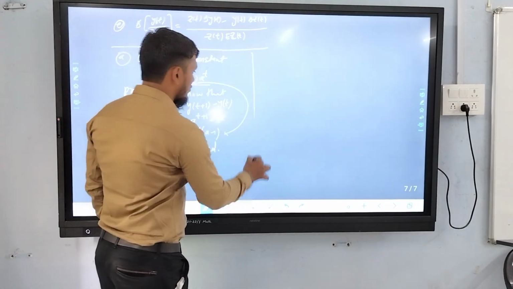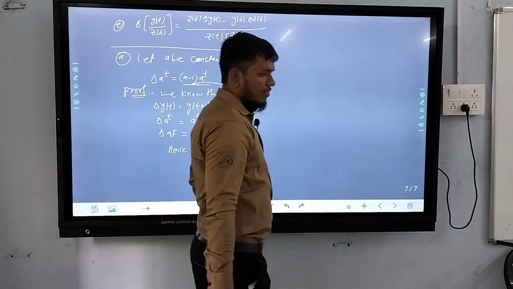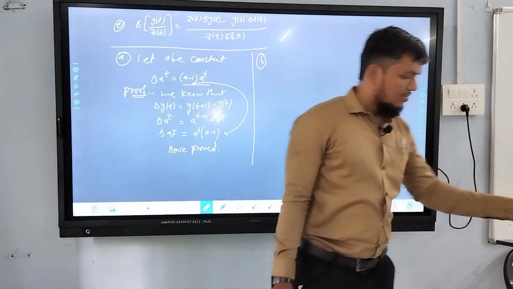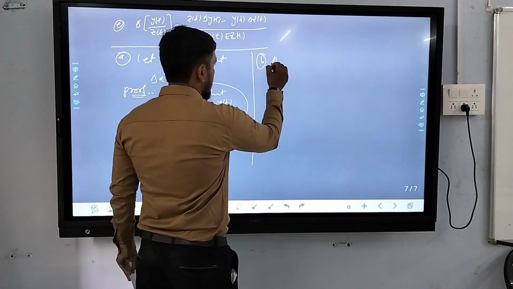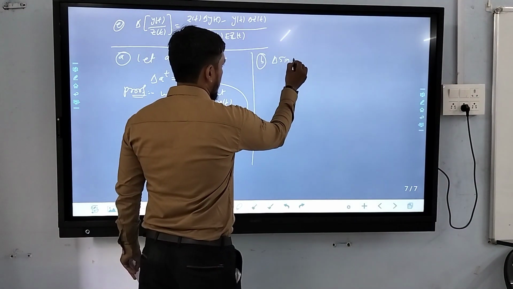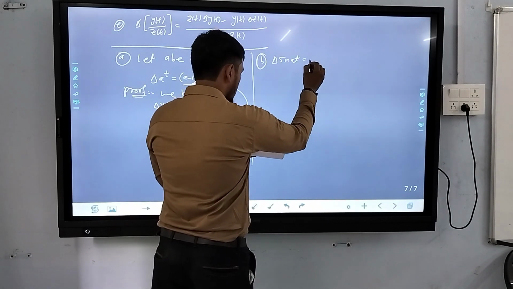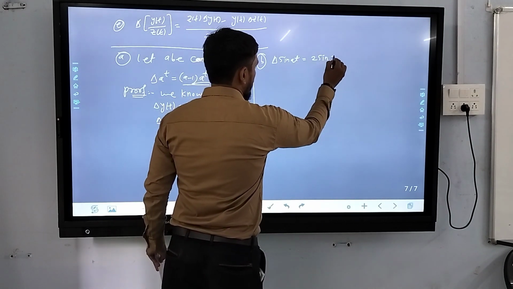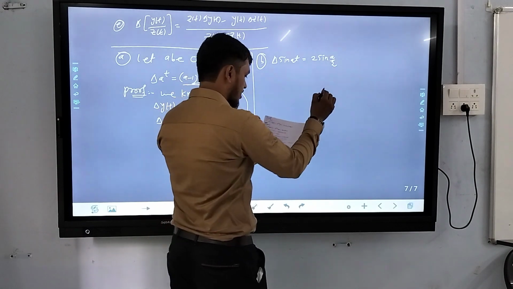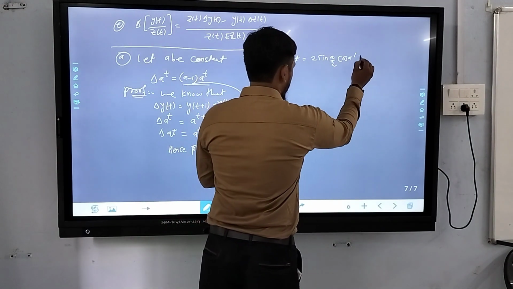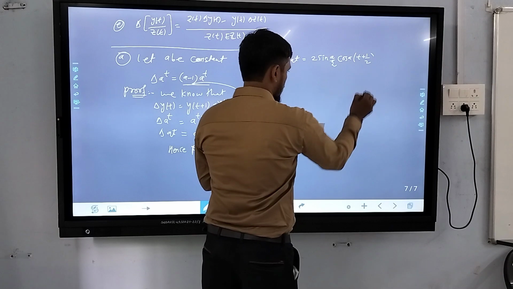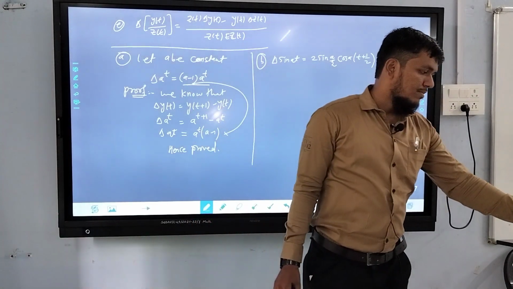Now the second part of the theorem is we have to prove that delta sin at is equal to 2 sin a by 2 into cos a(t plus 1 by 2).